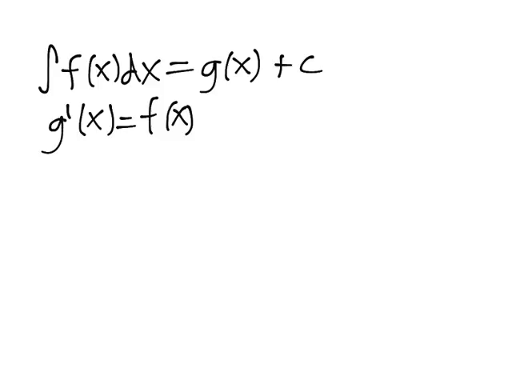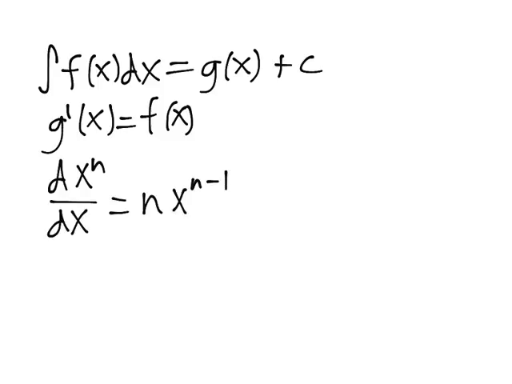Now it turns out that all of the rules that we've used for differentiation can be turned into similar rules for integration. For example, we know that d/dx of x to the n is equal to n times x to the n minus 1.